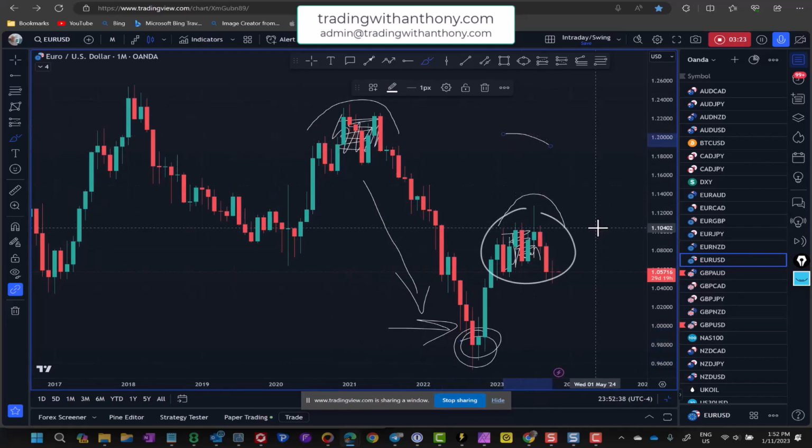So if they're doing the same thing here, as we've seen further back, down in here, we've got these areas here where they shift gears with the market, they turn the market around. If that's happening here, which it is, obviously, we've got this huge red candle. This is a monthly. We go down to the weekly, we'll see.